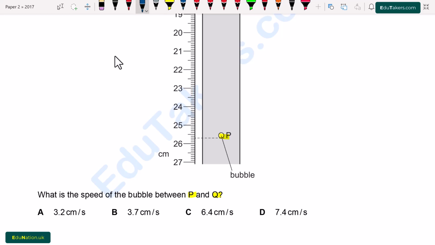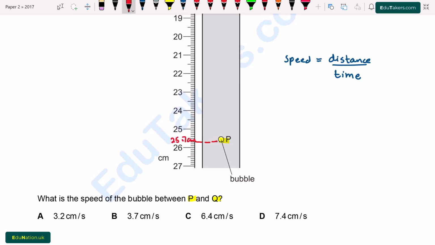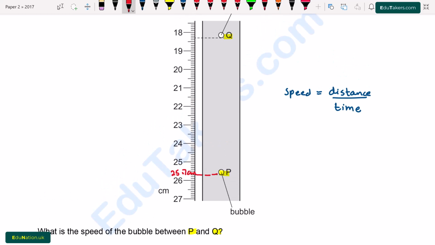So we can easily find out the speed. I write here speed is equal to distance divided by time. At the point P, distance is 25.7 centimeter, while at the point Q, distance is 18.3 centimeter.